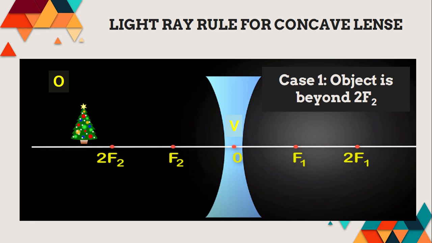Now, so let's have an example. Case 1. The object is beyond 2F2. So, nandito siya, nasa likod. So, again, rule number 1. Okay, the incident ray is parallel sa ating principal axis at magda-diverge. Papasok siya sa ating concave lens at magkakaroon ng diverge.